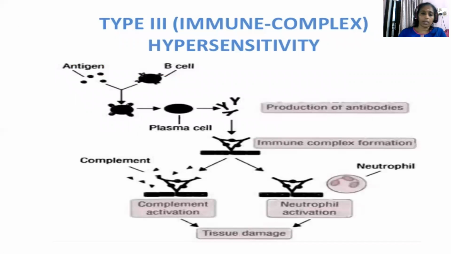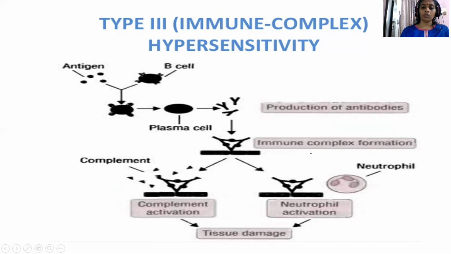So this is the mechanism. The antigen stimulates B cells, which produce antibody. Antigen antibody complexes are formed, which are called immune complexes. Once formed, the immune complex attracts complement. The MAC system will form and can directly cause tissue damage, or else it activates neutrophils, the polymorphonuclear cells.